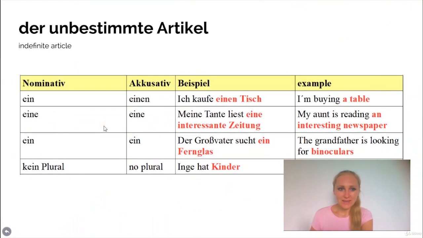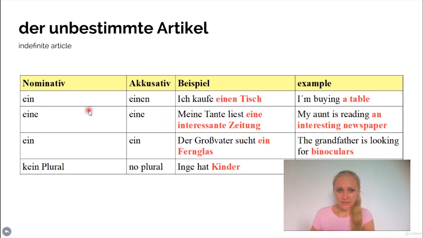Okay, now the next slide, here we have the indefinite articles, or "der unbestimmte Artikel," the indefinite article. Now, I hope you remember, we learned that in the chapter about the nominative case. So here, the indefinite article in English is "a": a table, a child, a chair, and so on.